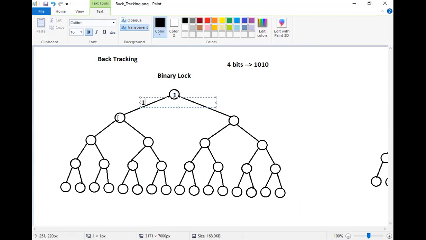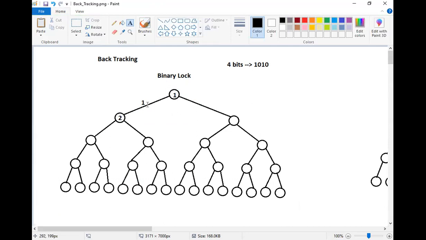From node 1, I will reach node 2, and the path I have selected is the binary number 1. This particular digit, the leftmost one, indicates this particular path, starting from the root node to one of its children, that is 2.